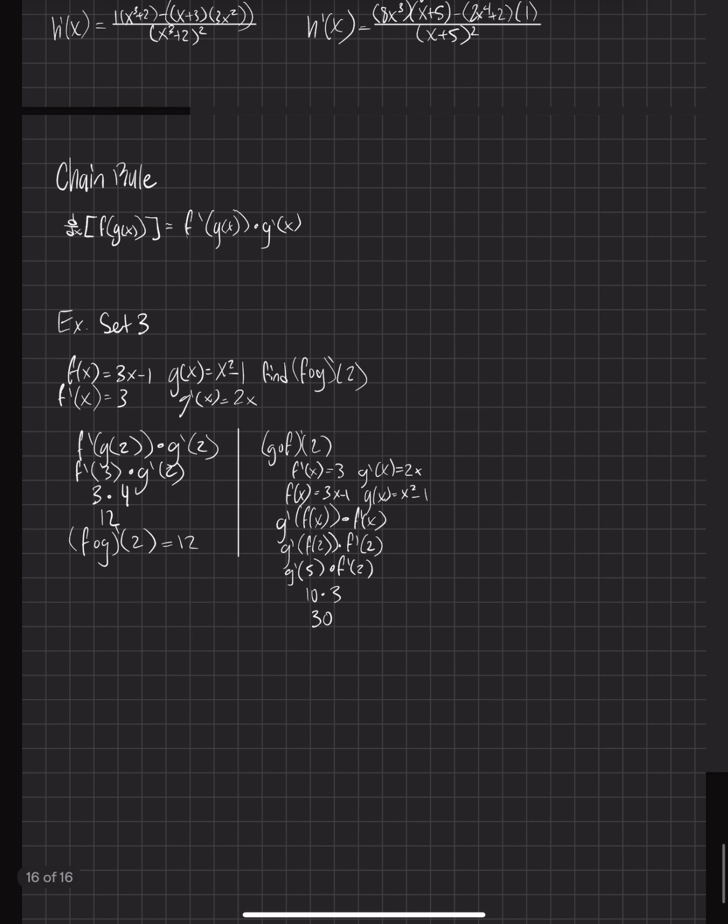And then we went over the chain rule, right, where it states that the derivative of a composition function, where you have f on the outside and some other part g of x on the inside, is going to be equal to f prime of g of x multiplied by g prime of x, right?